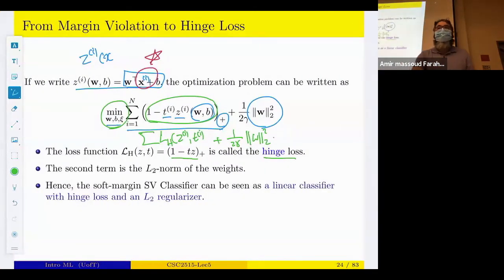So what we get is a new kind of optimizer, or new problem, which has a special form of loss function, called hinge loss, plus some L2 regularizer on the parameter. So we can say that the soft margin support vector classifier can be seen as a linear classifier that uses hinge loss instead of other losses that we have seen, for example, cross entropy loss, and has an L2 regularizer.